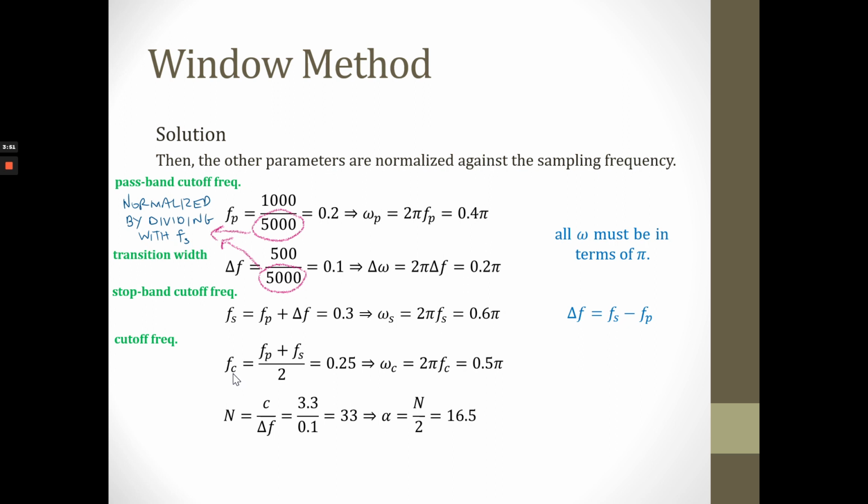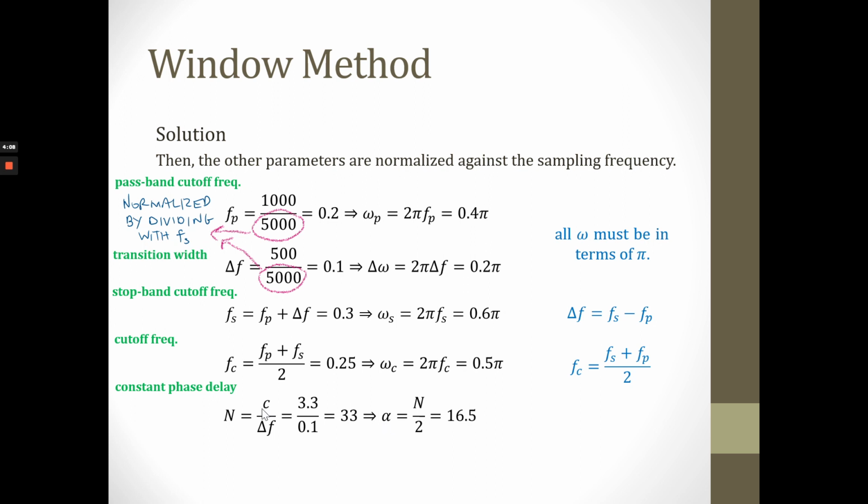Next, we calculate the center or cutoff frequency, which is based on this equation, and we convert to omega c, which is equal to 2 pi fc. We have this value. And the last one, we need to calculate the constant phase delay.